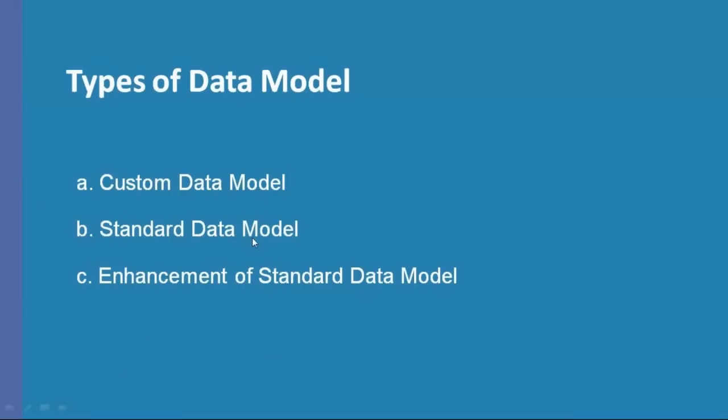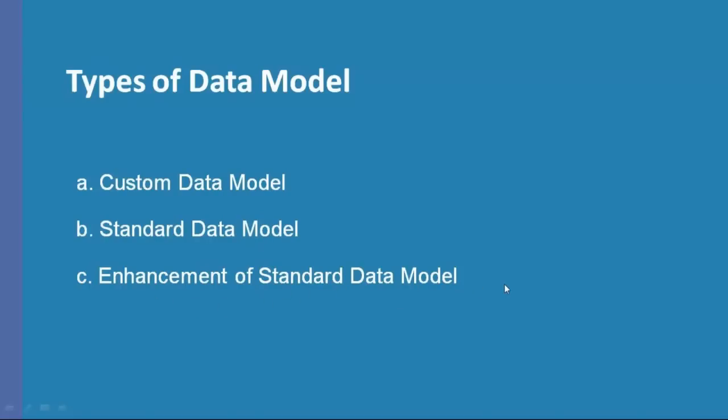Standard data model means what is provided by SAP, like the finance data model and the BP data model, which has business partner along with customer and vendor. And then we have the enhancement of the standard data model. Most projects are all enhancements of the standard data model.